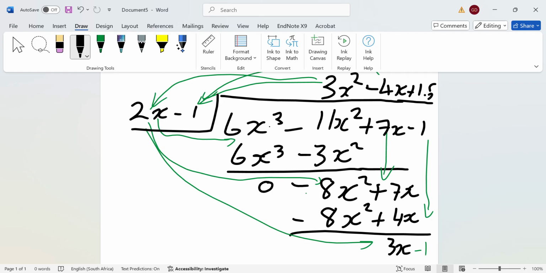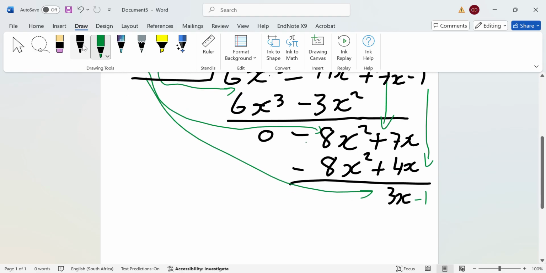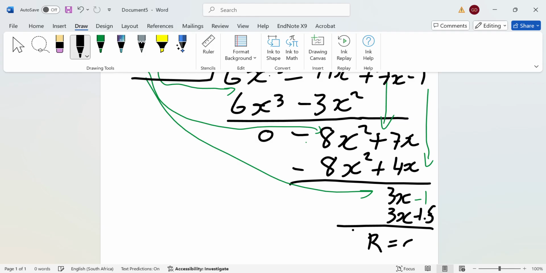So 1.5 multiplied by 2x will still give you 3x. And then there you're going to have that negative 1.5 here as well, and when you subtract this, the remainder is 0.5.